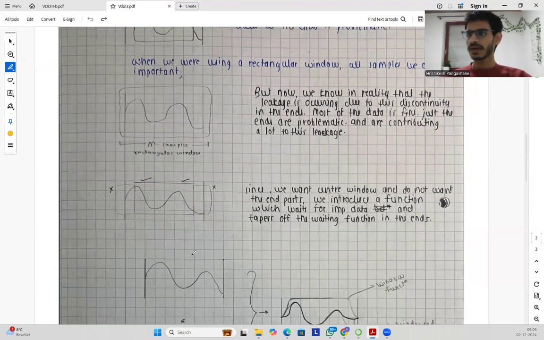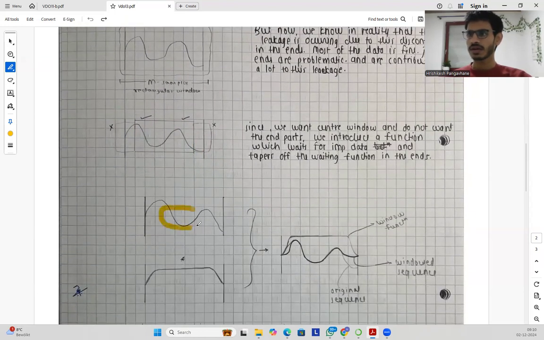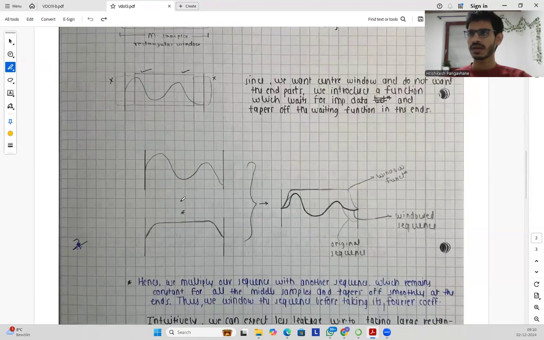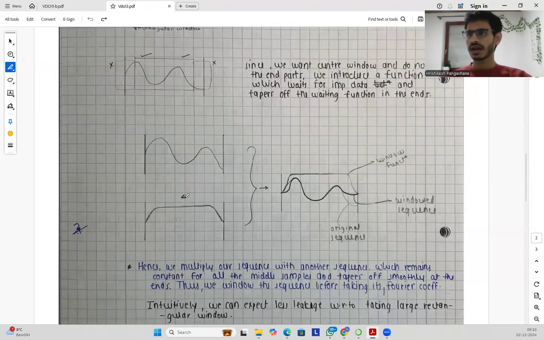So then we have our main period, we have our n samples, and we take a function which tapers at the ends and which weights the data of interest. When we multiply these two, we get a curve which resembles this, the product of these two functions.